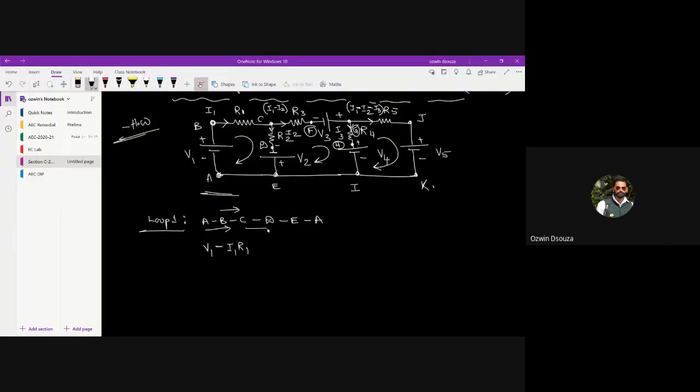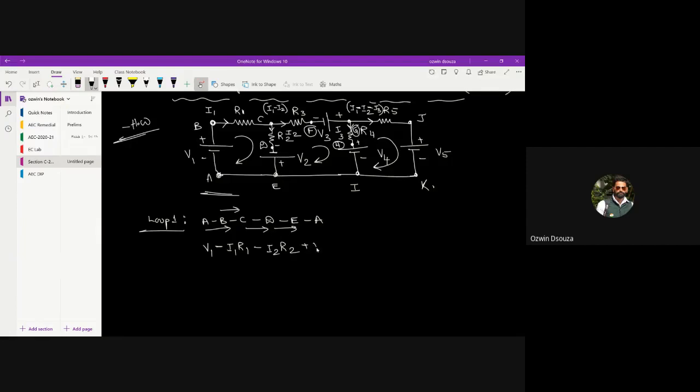Then I'll move from node C to D. My direction is agreeing with the current I2 direction. Hence, I will get minus I2 into R2. And when I move from terminal D to E, the battery is traced from negative potential to positive potential.